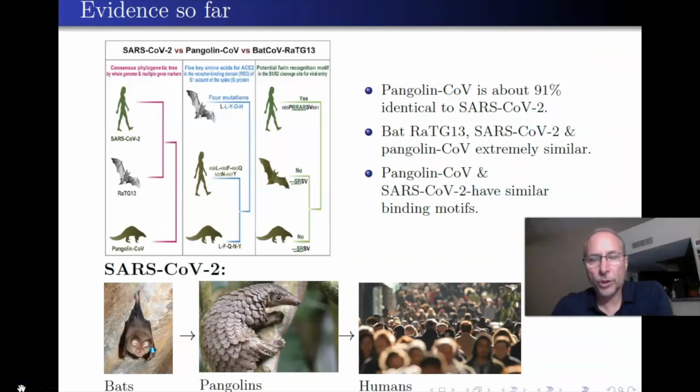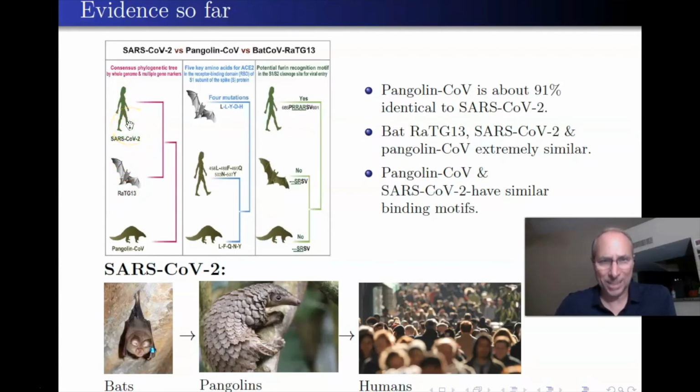So here's a summary of what Zhang et al. found out. If you look just at the whole genome, all of the genes together of the various disease organisms infecting humans, that particular bat SARS, which is designated RaTG13, and then the pangolin coronavirus, you'll see that the human and the bat sequences are very, very similar, almost identical.